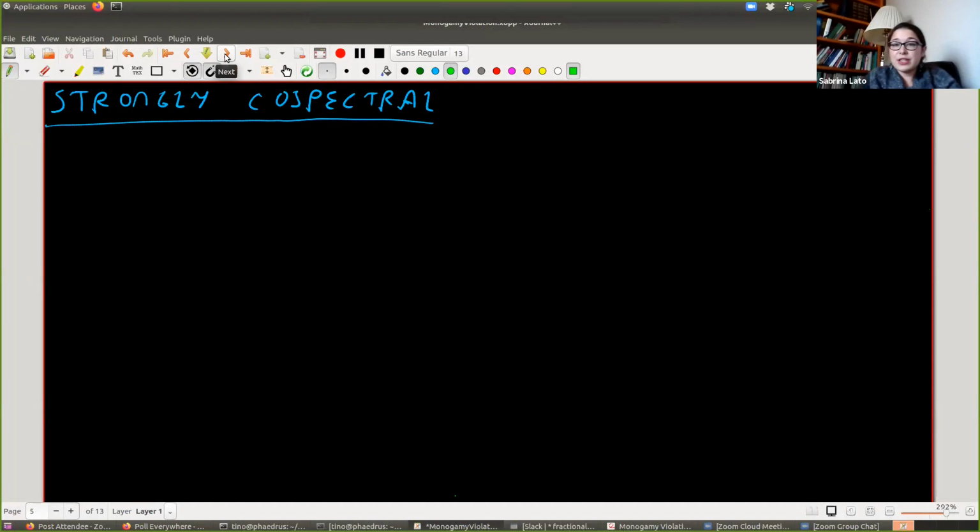So the first thing we need is a tool that comes up in studying these quantum walks, which is this notion of strong cospectrality.